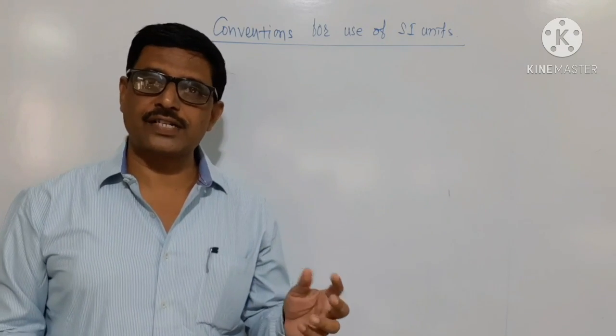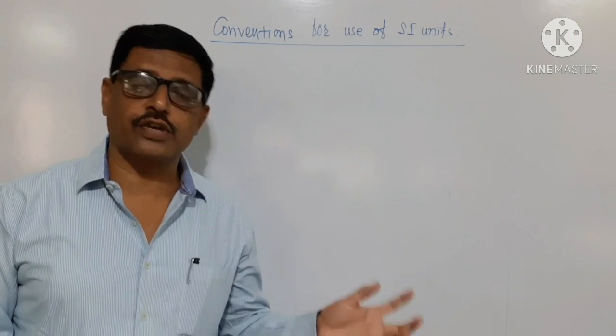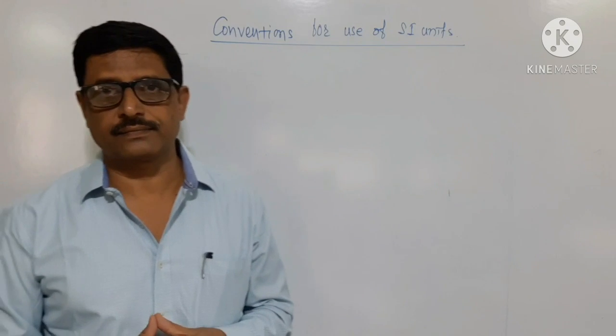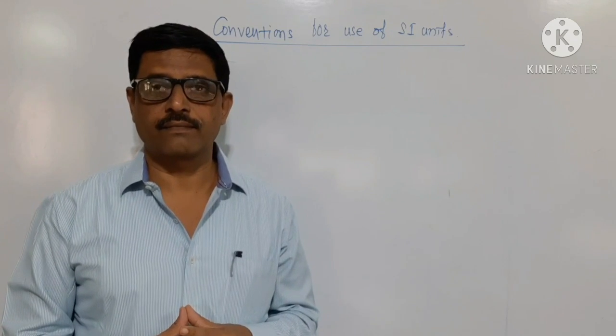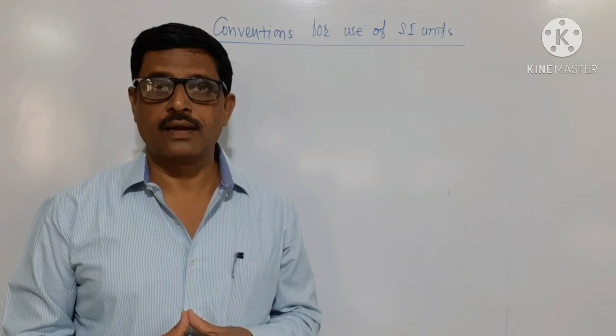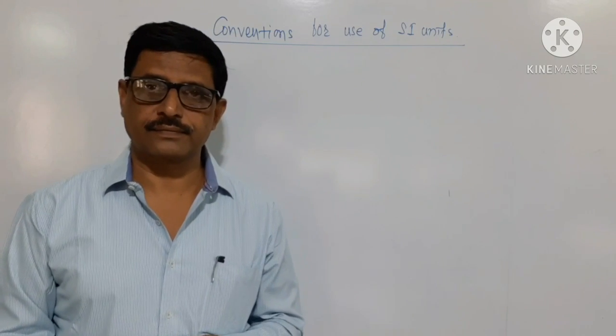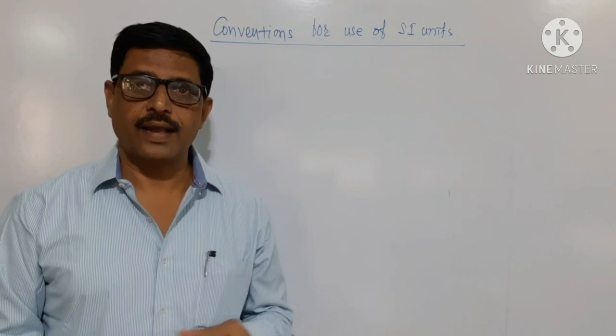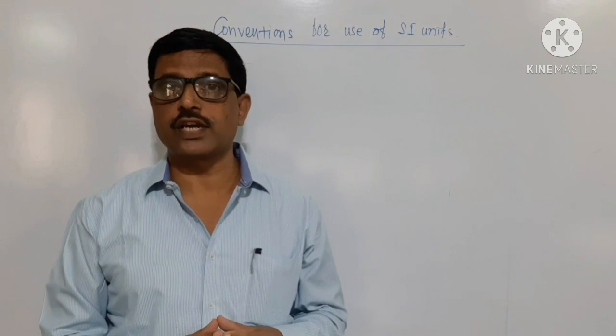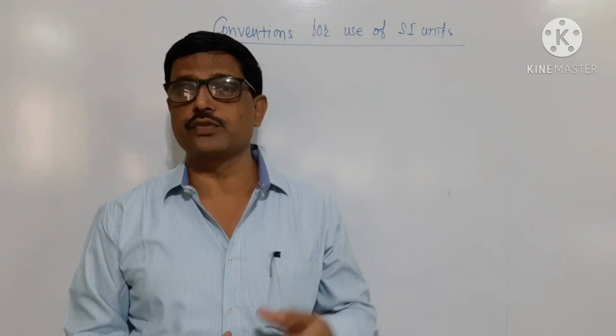The derived units are obtained by making use of the fundamental units. In this video lecture, at the start I will explain what are the conventions used while using the units.